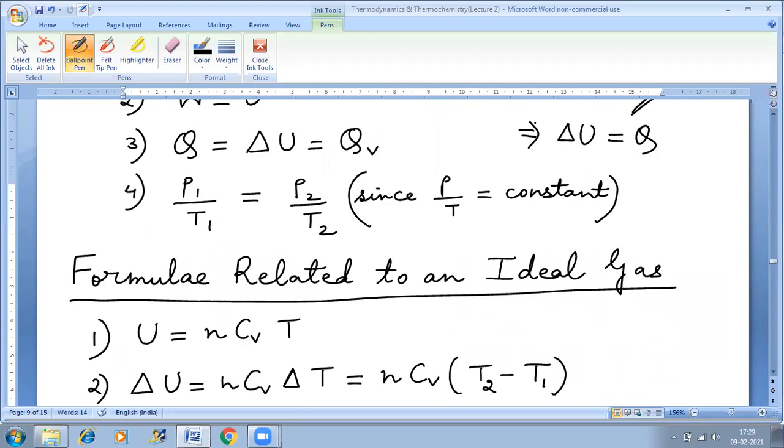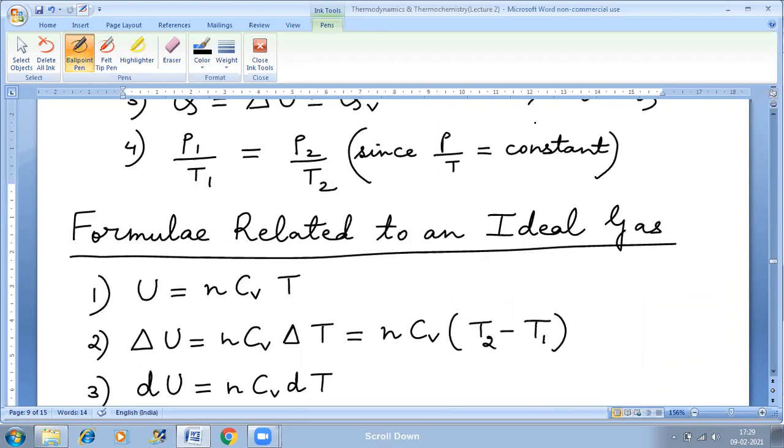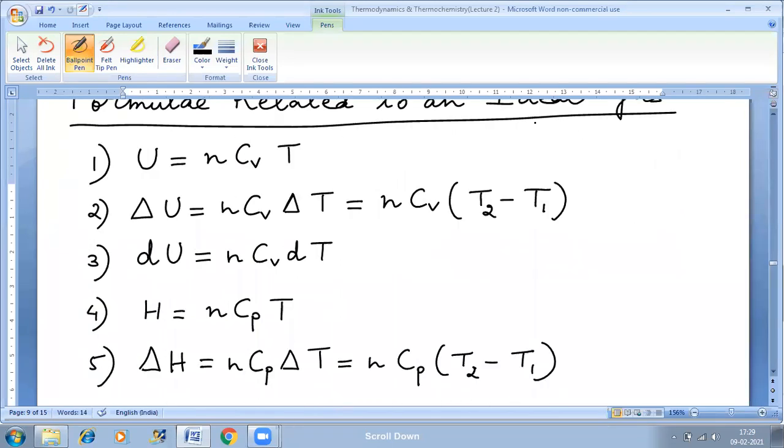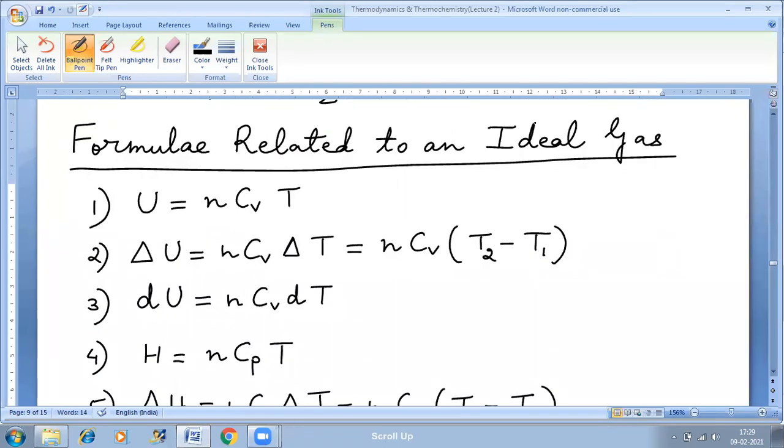So for an ideal gas, these are the formulae that we need to know. So delta U is equal to n Cv delta T. This is the second formula, extremely important. Delta U is change in internal energy. n is the number of moles of gas. Cv is molar heat capacity at constant volume.